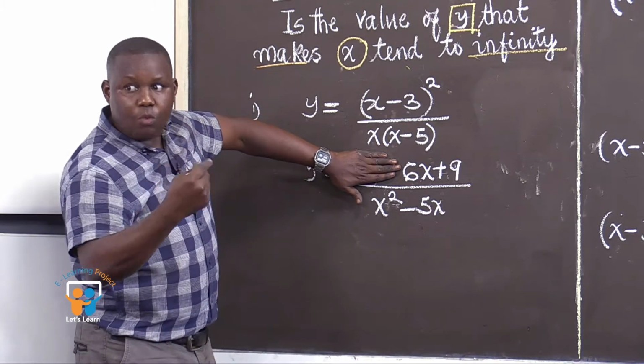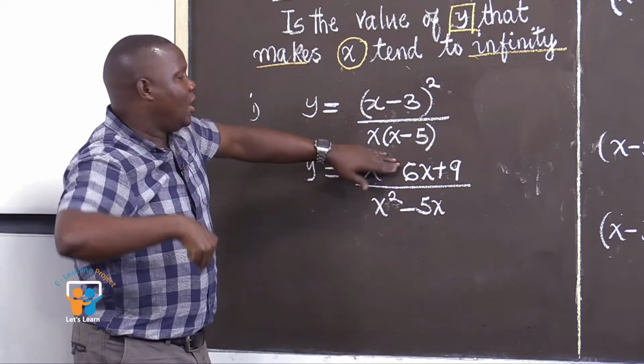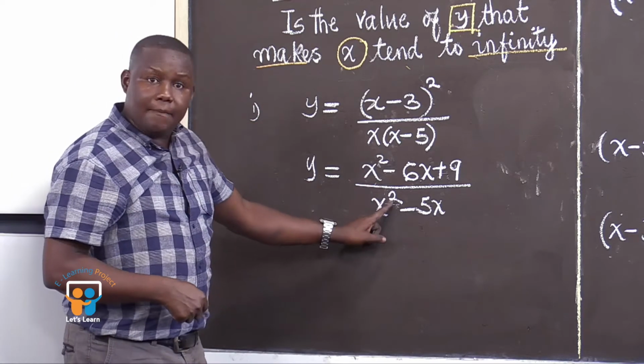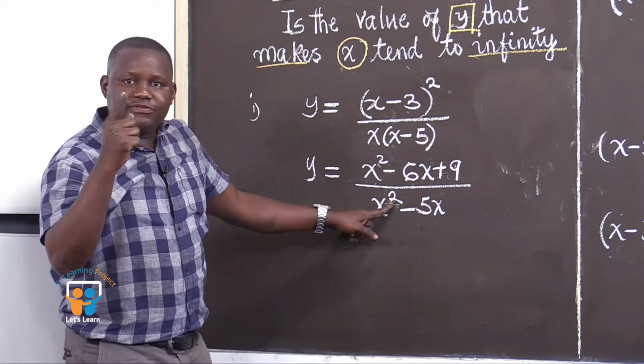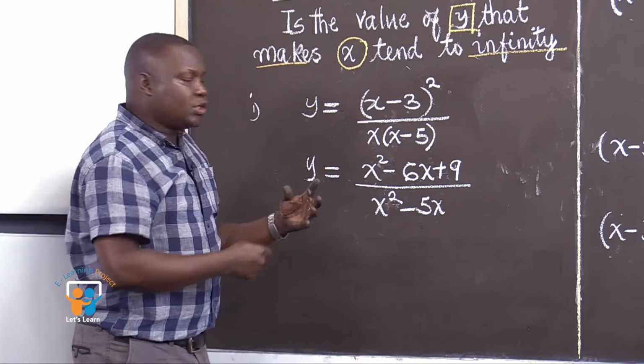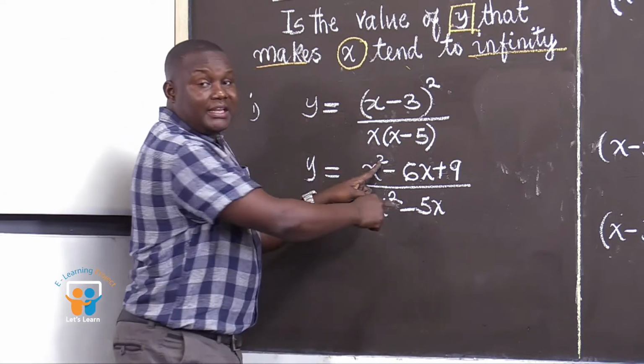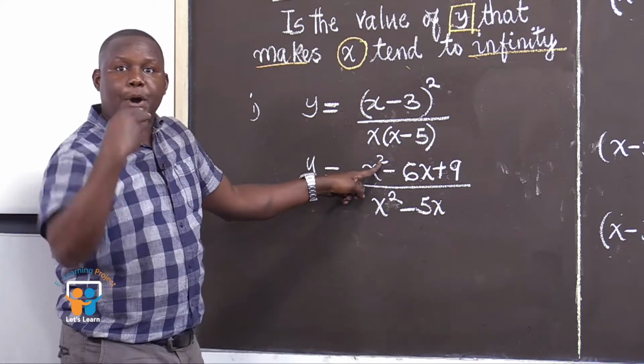Still, the fraction will be proper. It is also proper in curve sketching when the degrees are the same. However, if the upper expression is of a higher degree, say 3, yet this is maybe 2, then that is when we say it is improper.